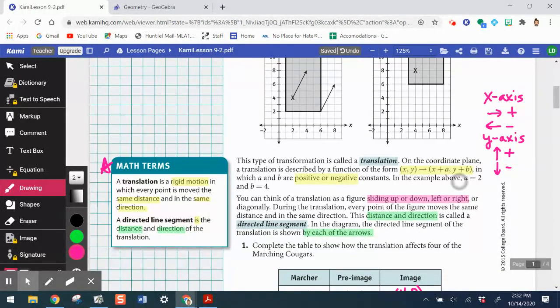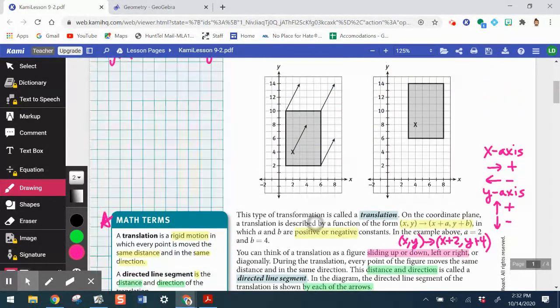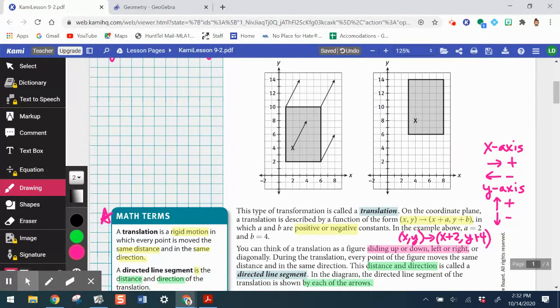So they tell us that the function here is technically, because they tell us a is 2 and b is 4, that every point goes to or follows this function (x + 2, y + 4). Which if you go back and look in the figure, what happens to it is we're really moving every point right 2 and up 4.